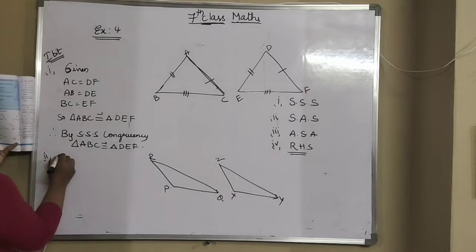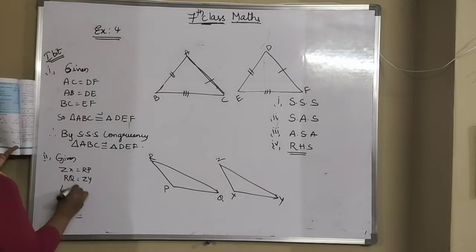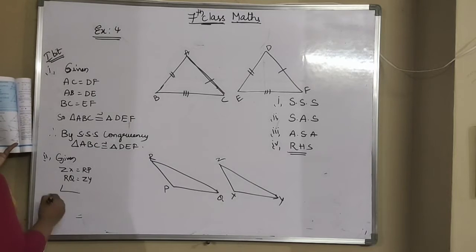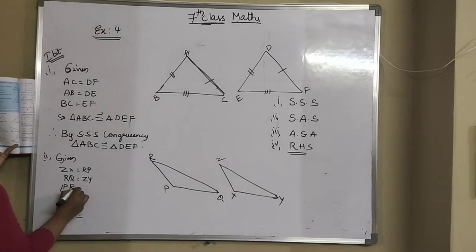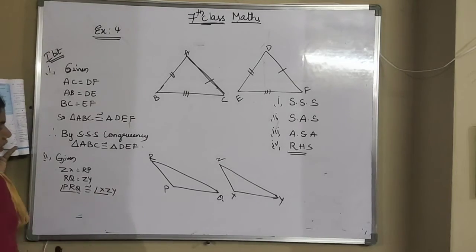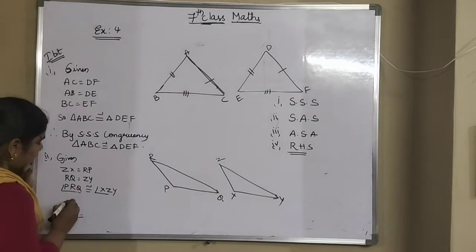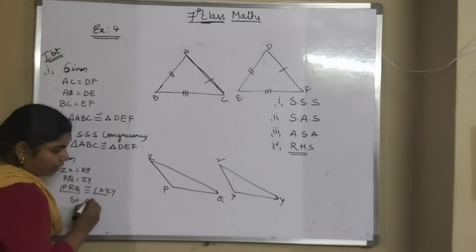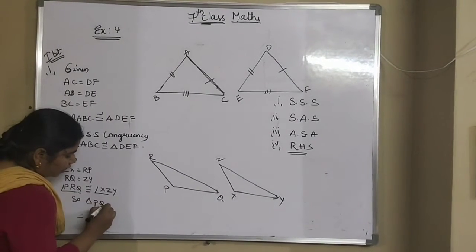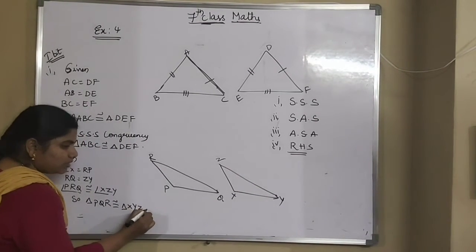That is ZX is equal to RP, RQ is equal to ZY, angle PRQ is congruent to angle XZY. And by using which criterion these two triangles are congruent to each other we have to find. So they have given triangle PQR is congruent to triangle XYZ.